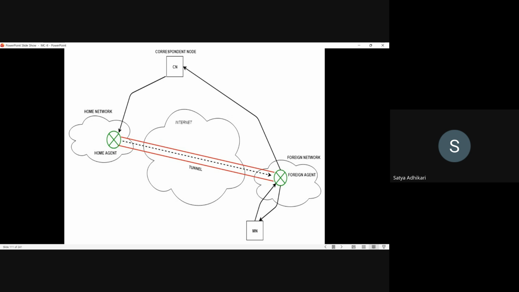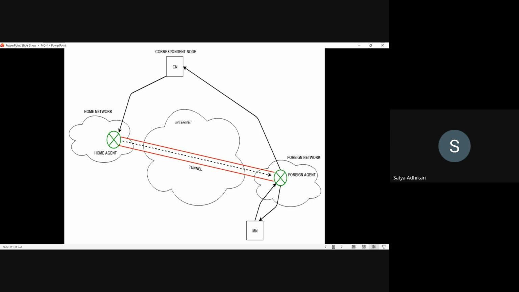The packet, along with the home address, is encapsulated and put at one end of the tunnel and delivered to the other endpoint, the foreign agent.